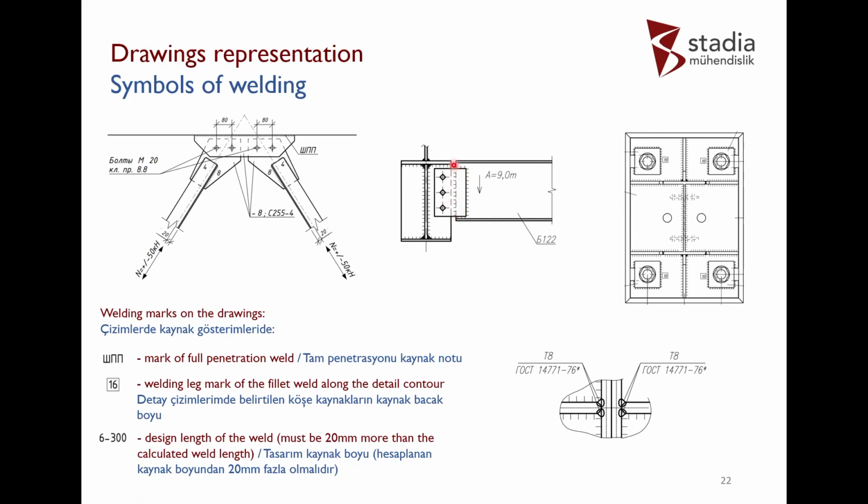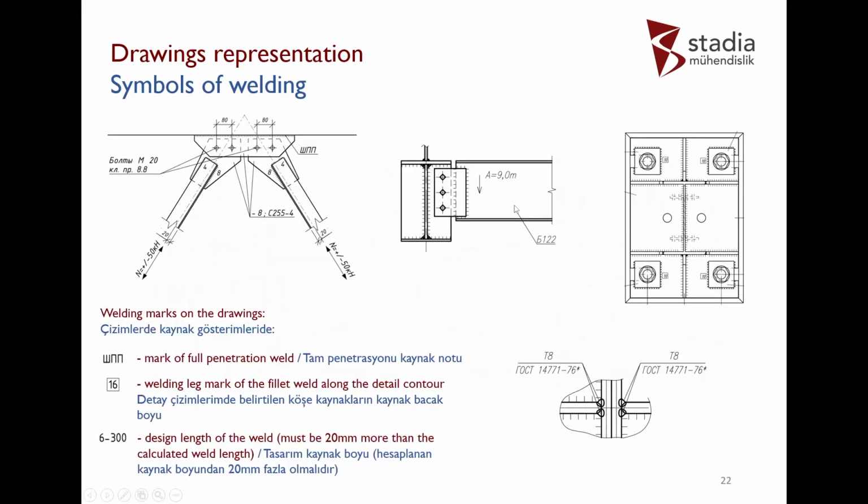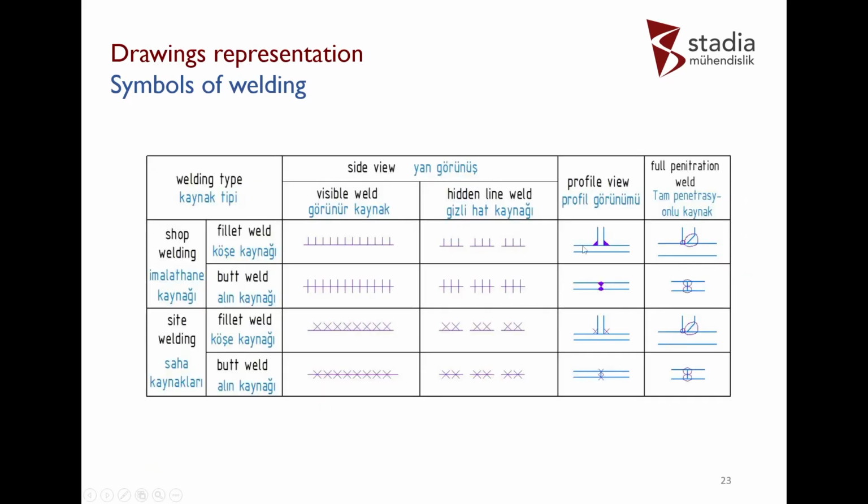In order not to show this welding from, for example, the top side, in order not to draw an additional view to show this welding, I can leave it like this and draw this kind of welding, and everybody will understand that over this plate, opposite to this plate, I have welding. This is how to represent it from the profile view, and full penetration welds.